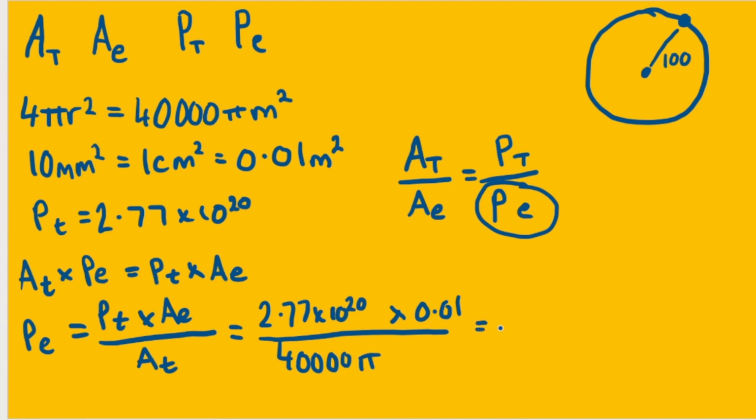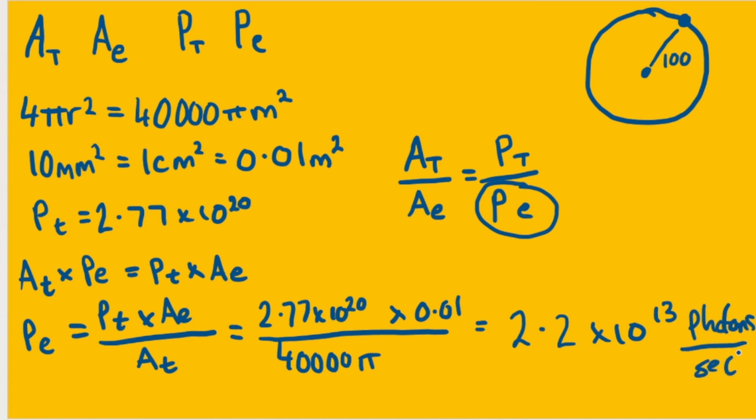Then we put that in our calculator, and that comes out to be 2.2 times 10 to the 13 photons per second.